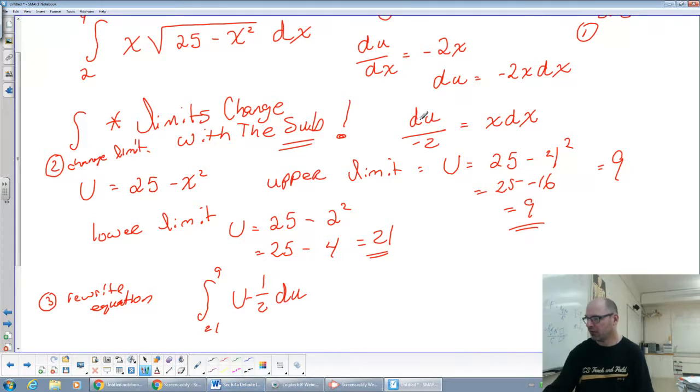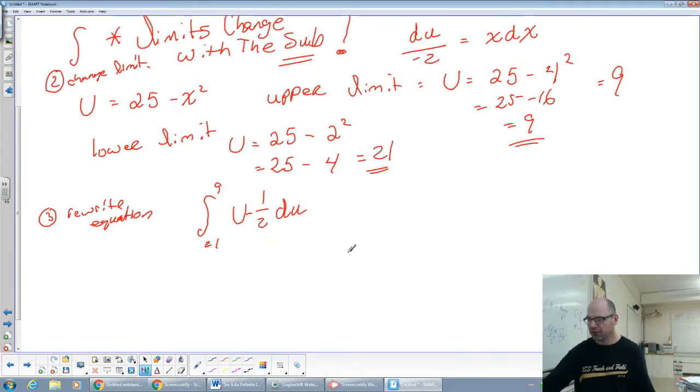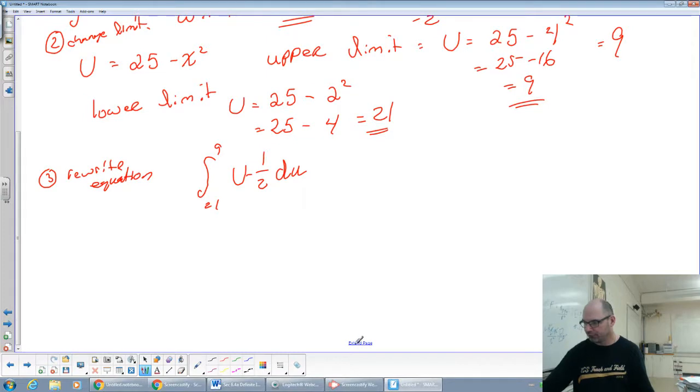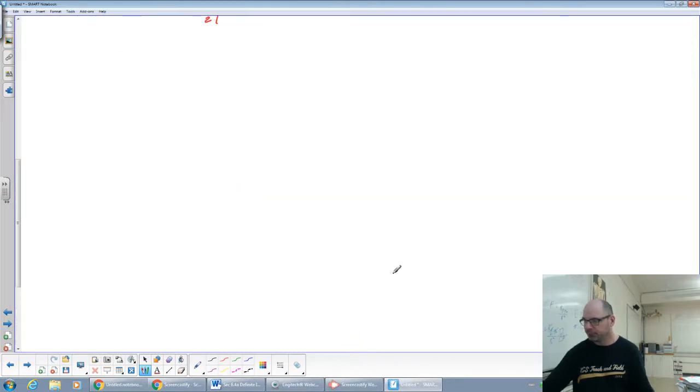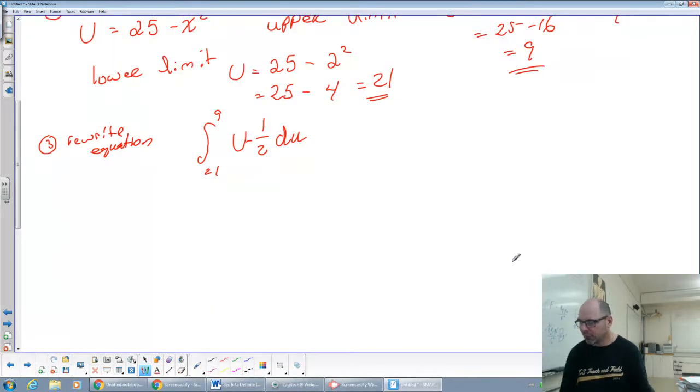Now we have to bring the negative 1/2 out in front of the integration sign because we just want u du underneath the sign. Rewrite the equation, and then integrate.